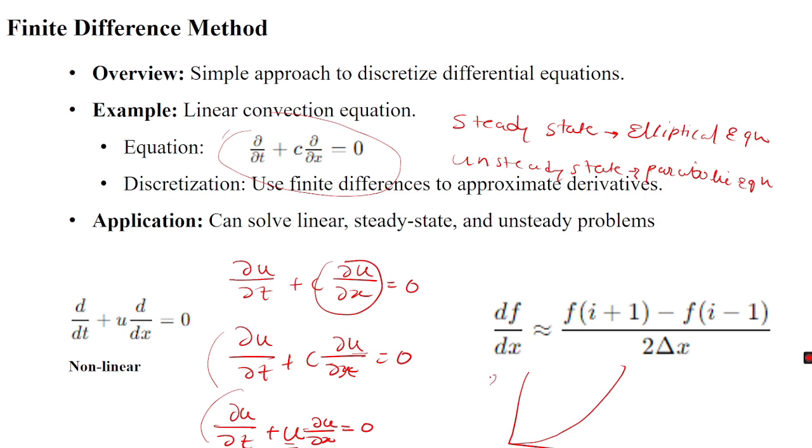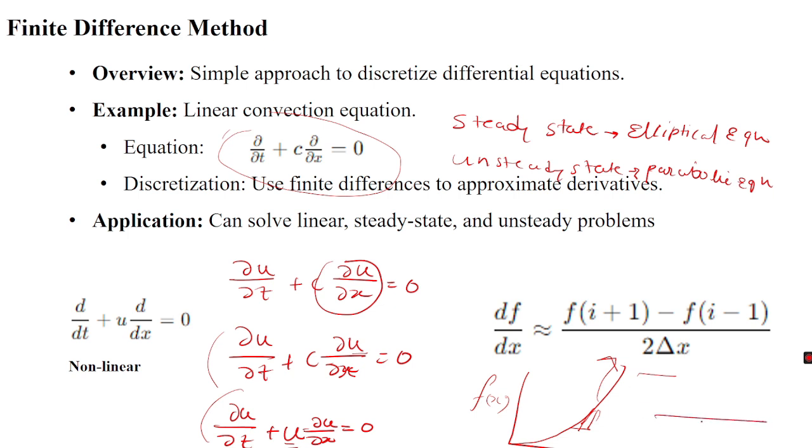So f(x) is in this y direction, and this is x. Whatever differential equation we have, we have represented in a particular term, right? So we can approximate the derivative in terms of the difference between the values at adjacent grid points.